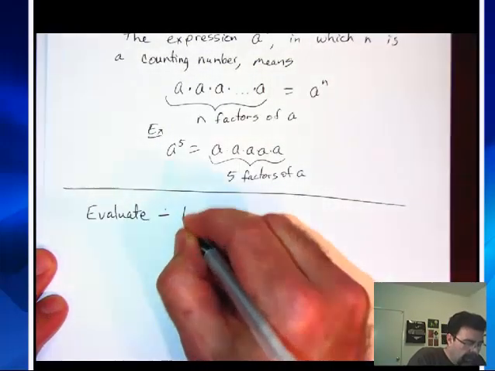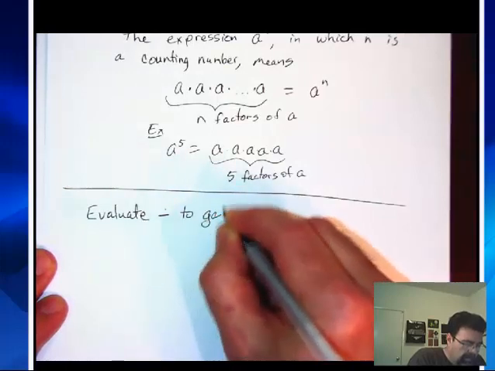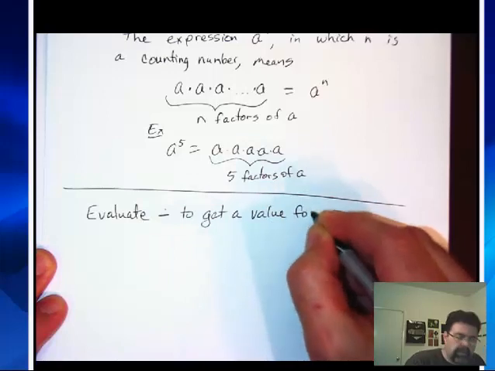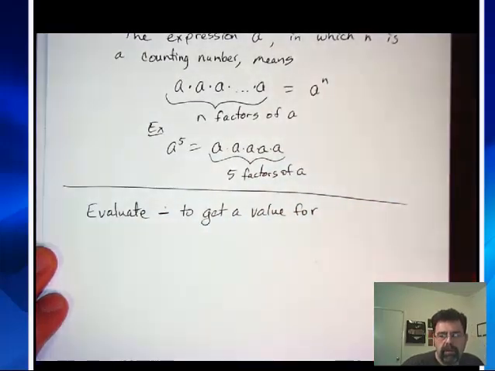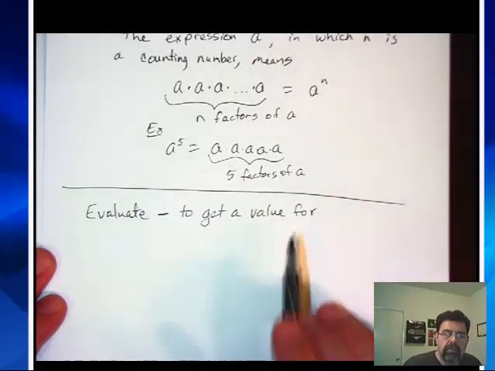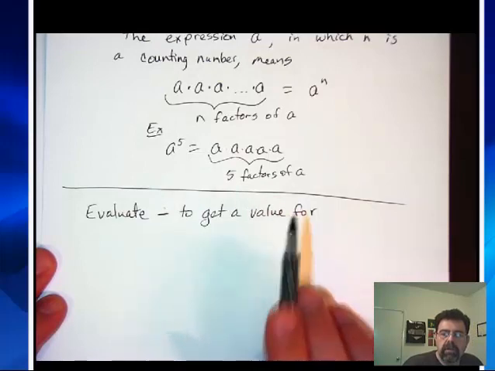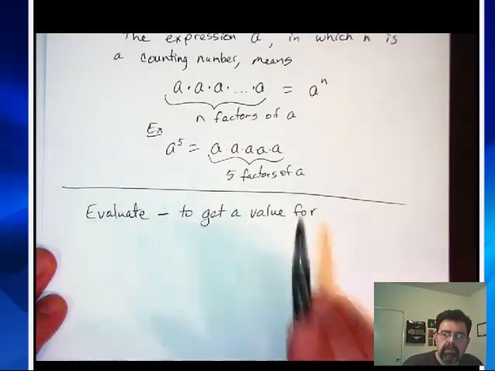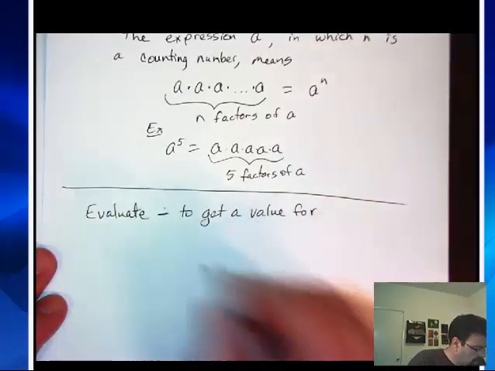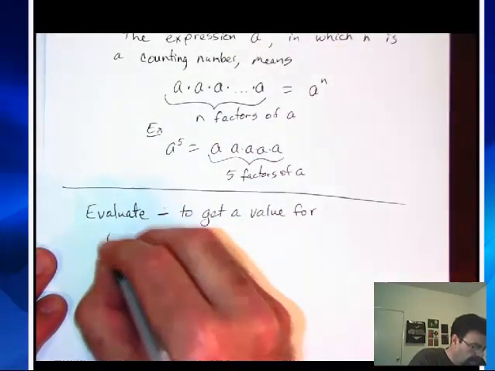Evaluate just means, I think of it as, to get a value for. So if I ask you to evaluate an expression, I'm asking you to get a value for that expression. Now to be able to do that, I need to tell you what the values of the variables are, and then you substitute them in and then do the math so you can get a value for it.